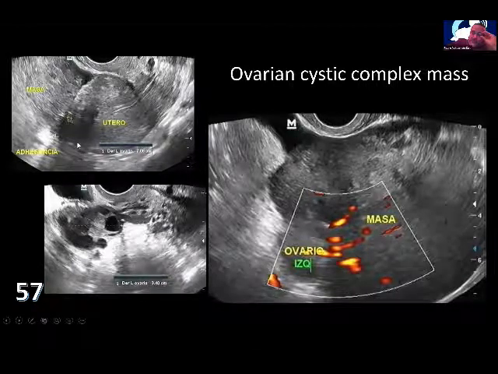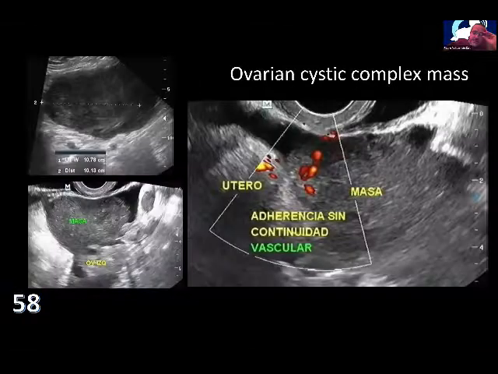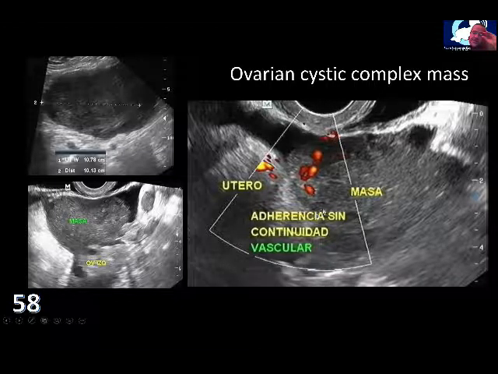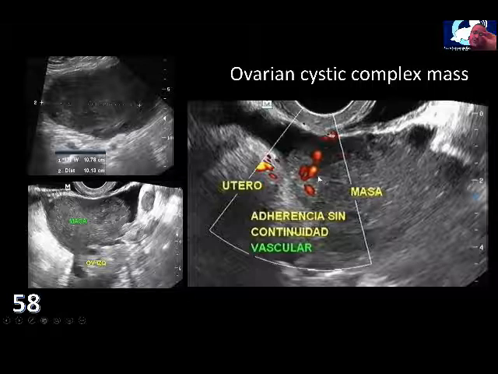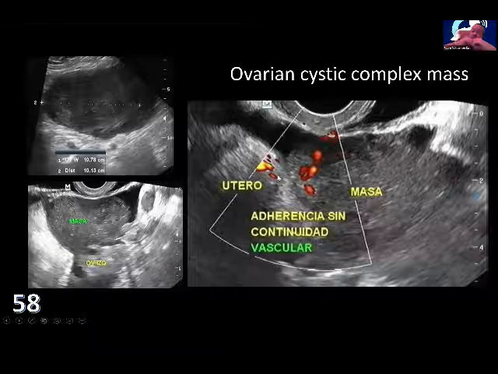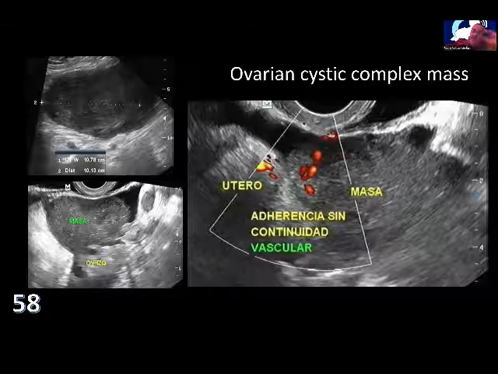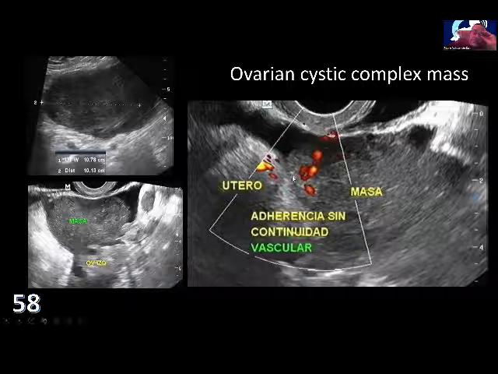adherential tissue. That's an ovarian complex or adnexal complex mass, which was not separated from the uterus, but not sharing blood vessels with the uterus, which means adherence more than uterine nature.